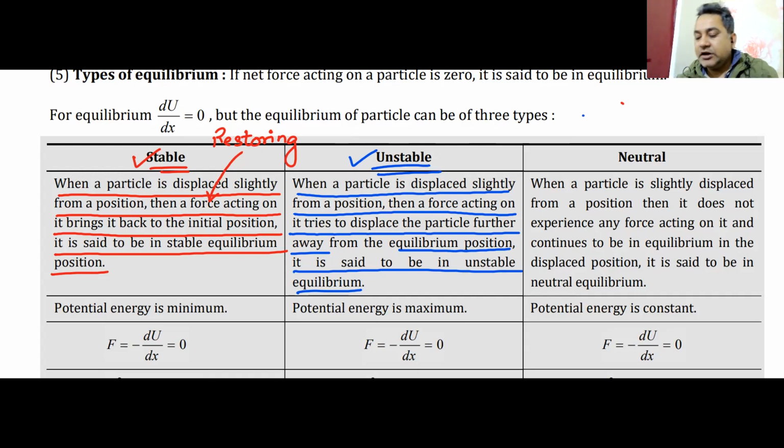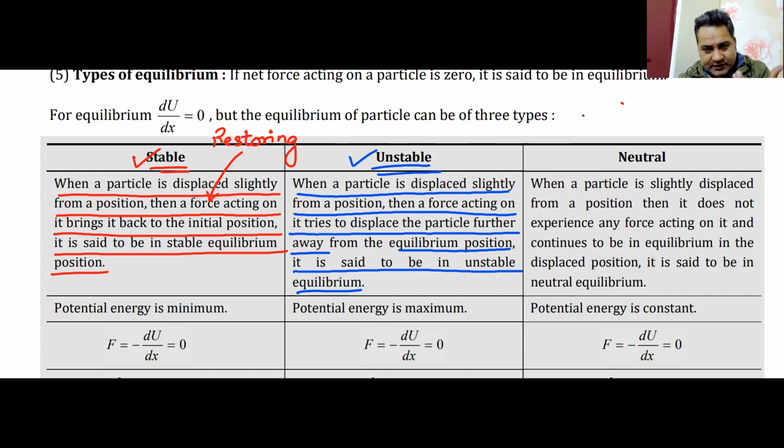Such equilibrium is known as unstable equilibrium. In stable equilibrium, there is a force trying to pull it back. In unstable equilibrium, there is a force trying to push it away. Stable equilibrium, red. Unstable equilibrium, blue.